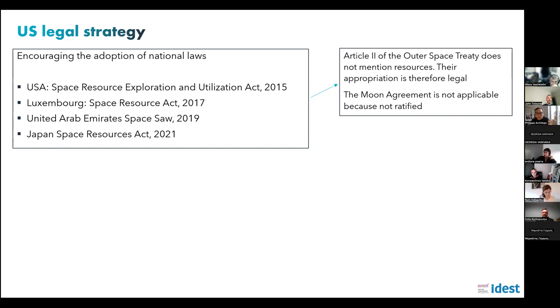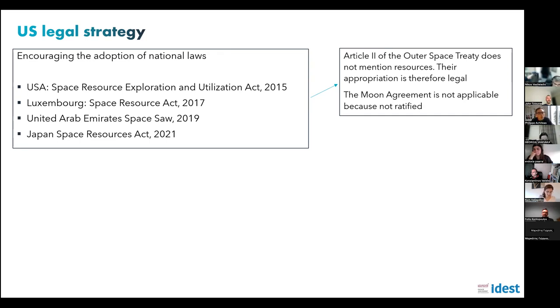Because I showed you previously the drafting of Article 2, and when you read Article 2 carefully, you will see that the term resources does not appear, that the article deals with outer space and celestial bodies, but does not address the issue of resources of celestial bodies.